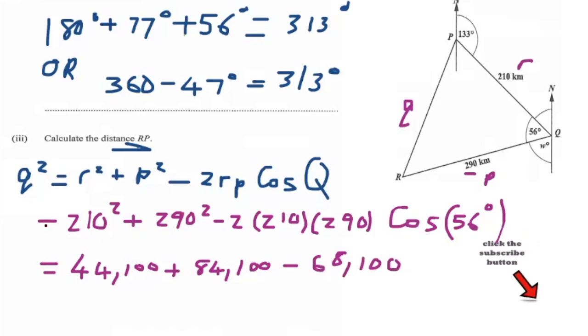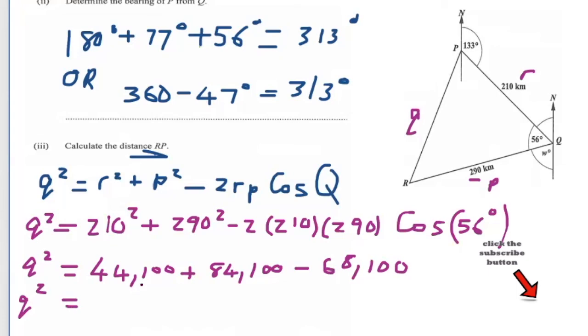Now, remember that we're finding the side. Now, 44,100 plus 84,100 will give us 128,200 minus 68,100.